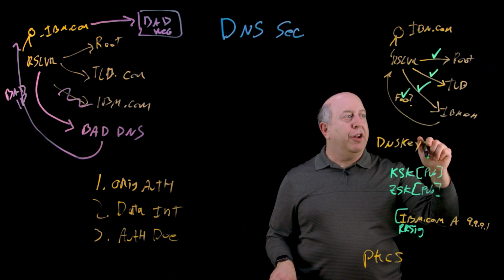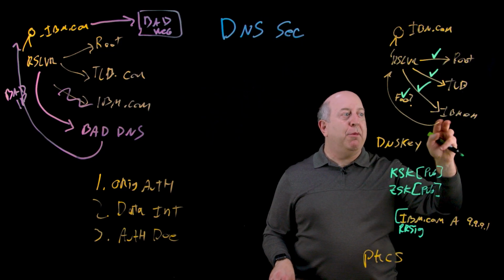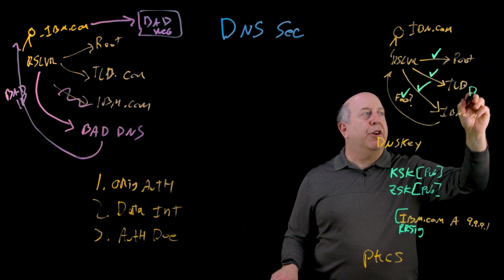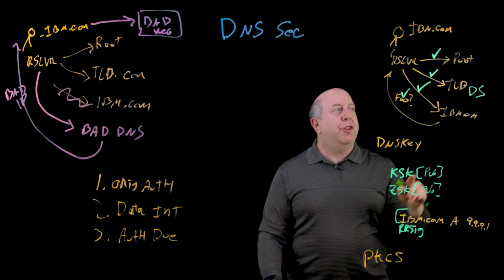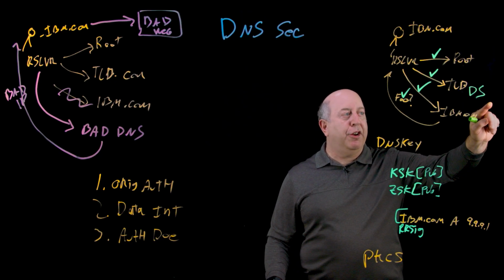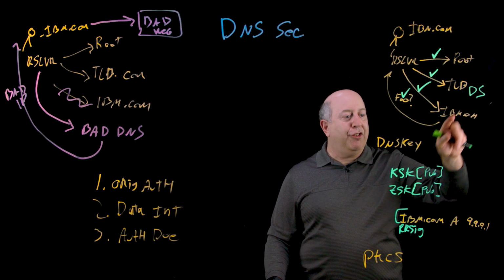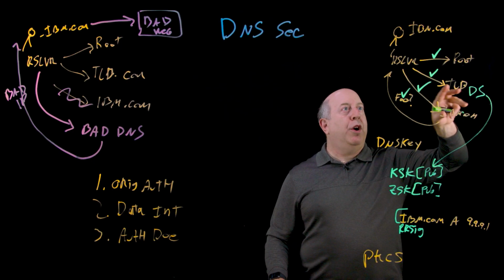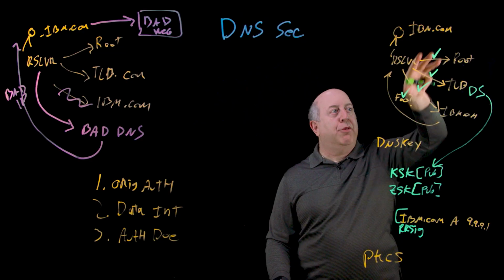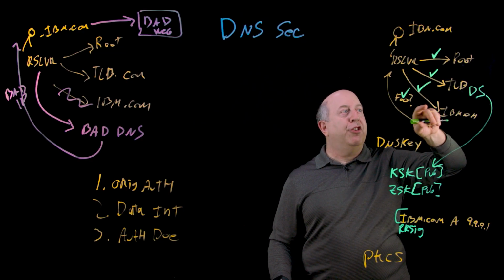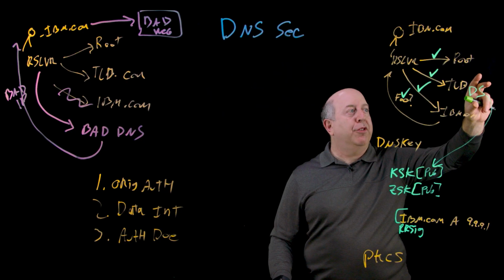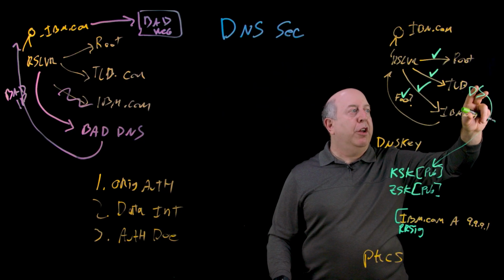The KSK is known to belong to IBM.com because I've put what's called a DS record up at the TLD. The DS record stands for delegation signer. That is a hash of this KSK, so that when the resolver is going through its resolution chain, and it gets to the TLD level, it pulls down the delegation signer record.